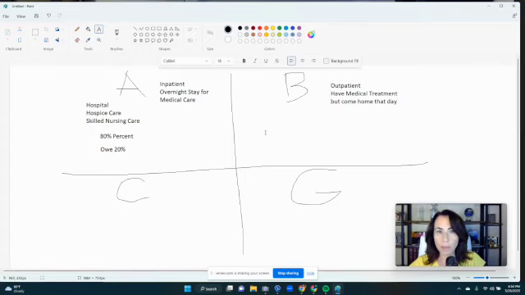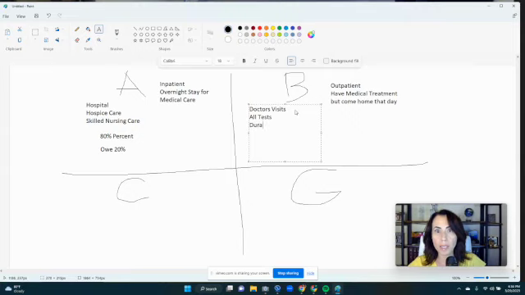That is Part B. So let me give you a little laundry list of items. What's covered under Part B? Here we go. Part B of Medicare includes your doctor's visits, it includes all tests, it includes all durable medical equipment, like insulin pumps, oxygen, wheelchairs, things that you would purchase at a medical supply store.